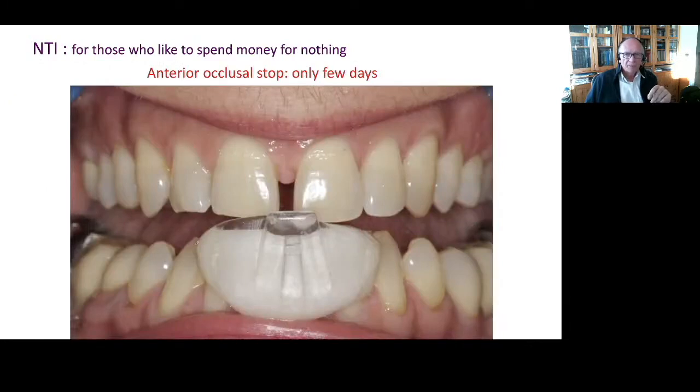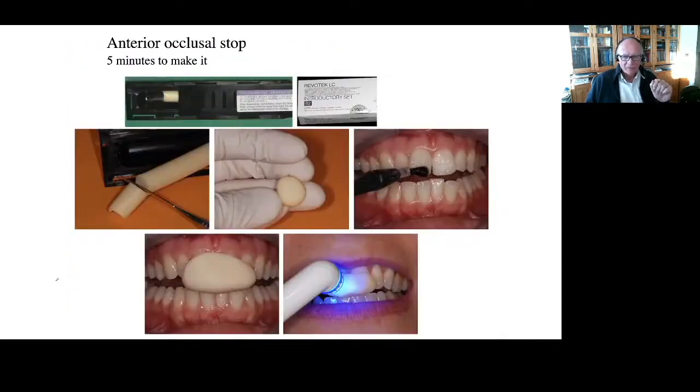Anterior stop. The NTI here is only if you want to spend money. It is easier to take a piece of light cured resin like this.